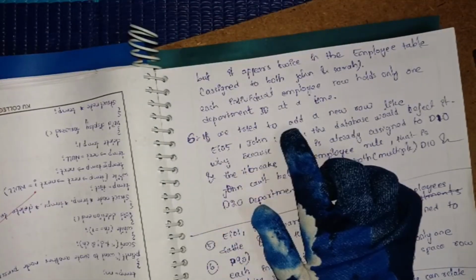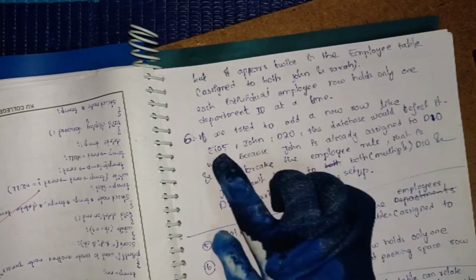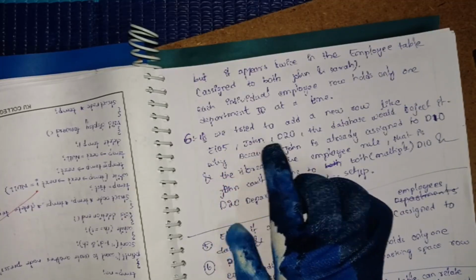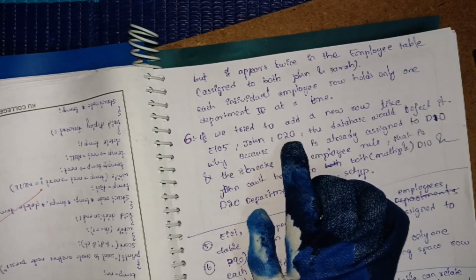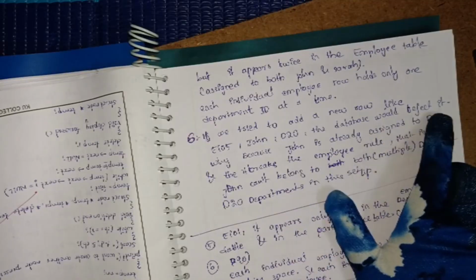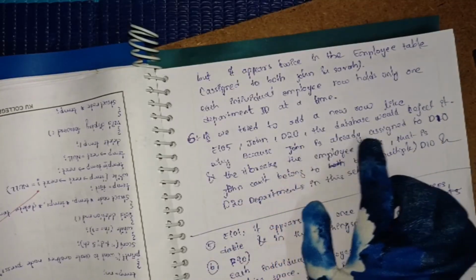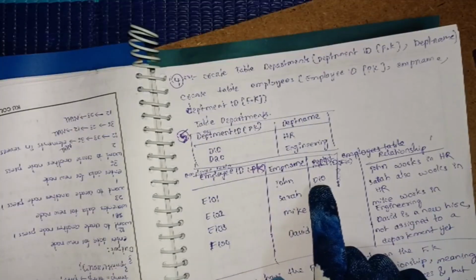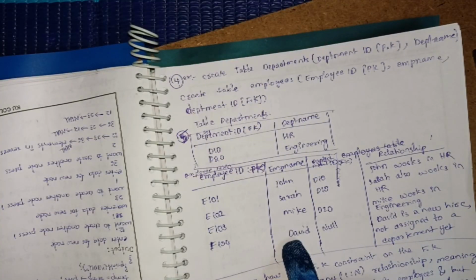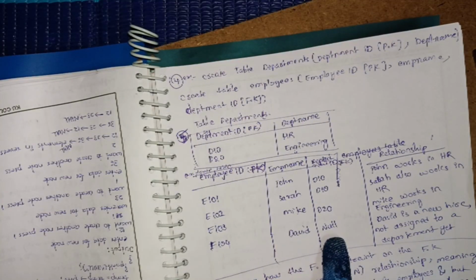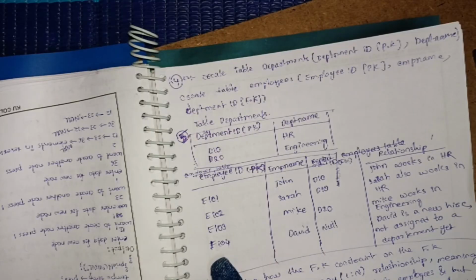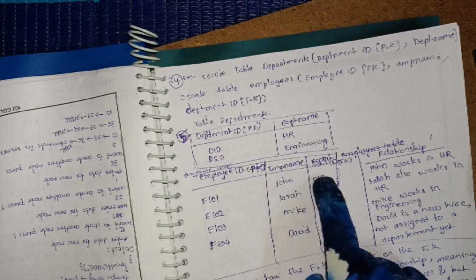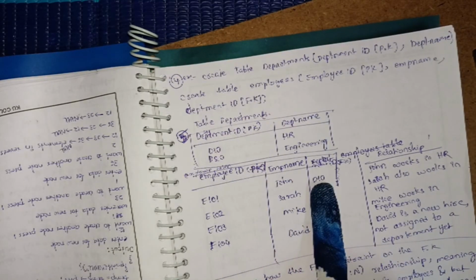So if we try to add a new row like E105, John, D20, the database would reject it. Why? Because John is already assigned to D10. We are writing John here and D20 here, and here E104. So John is already assigned to D10.